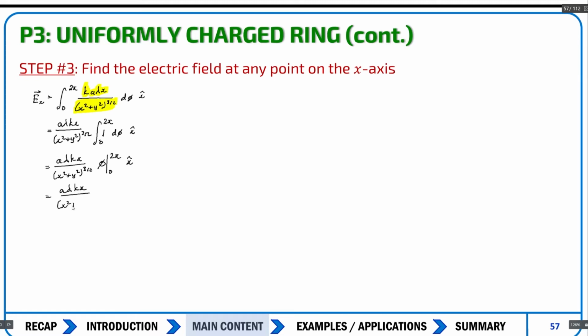We have x squared plus y squared to the power of 3 over 2, and this is then 2 pi minus 0. And so our answer would be 2 pi a lambda kx divided by x squared plus y squared to the power of 3 over 2. So this is all in the x hat direction, and that is our final answer.